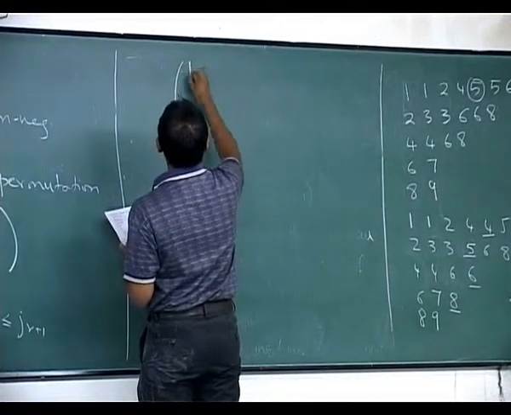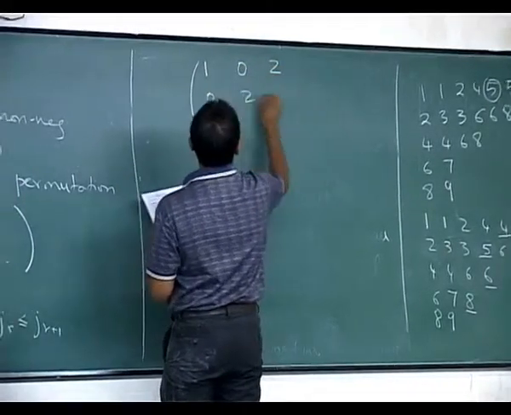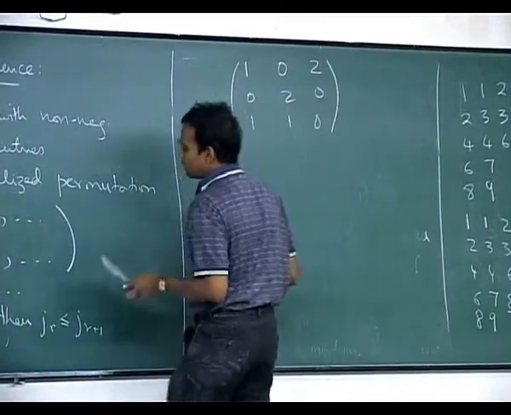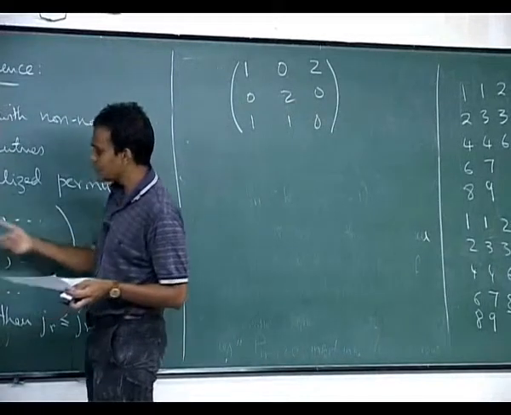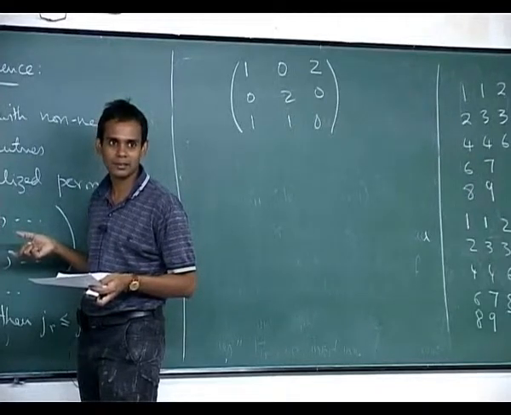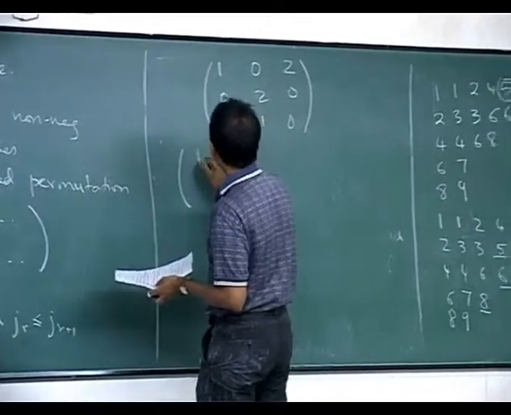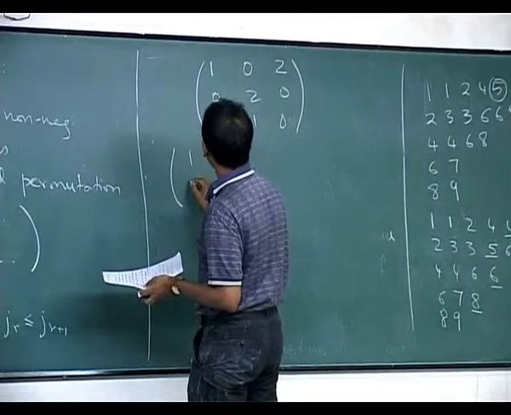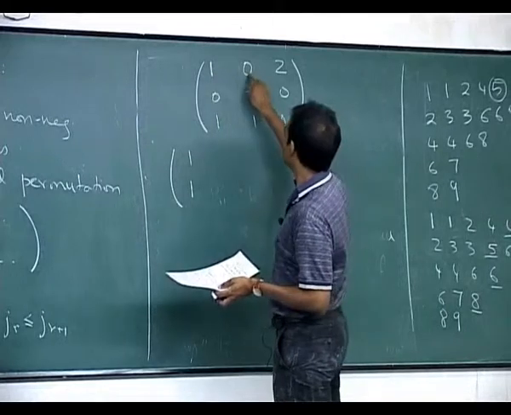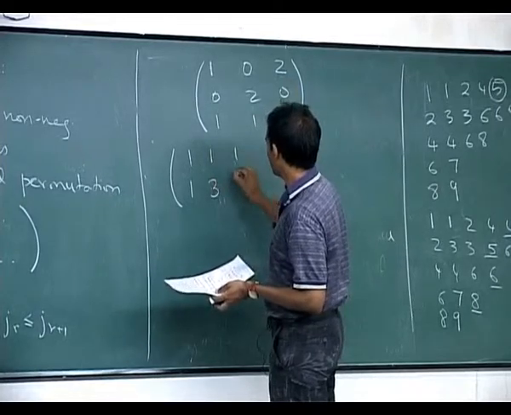Suppose you start with the matrix 1, 0, 2, 0, 2, 0, 1, 1, 0. Then the number of times the pair i, j occurs in this array is the ijth entry of the matrix. So if I want to write down the thing corresponding to that, I have no choice, but first I have to put 1, 1, that's the 1,1 entry, that's only once. Then the 1,2 entry, there's nothing. Then the 1,3 entry, so that happens twice.